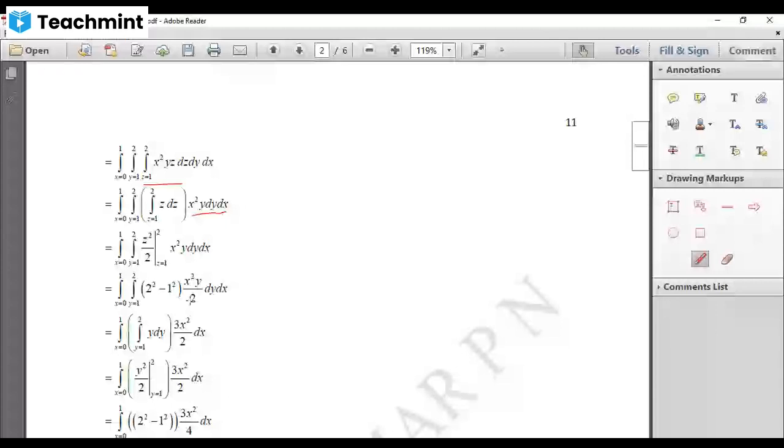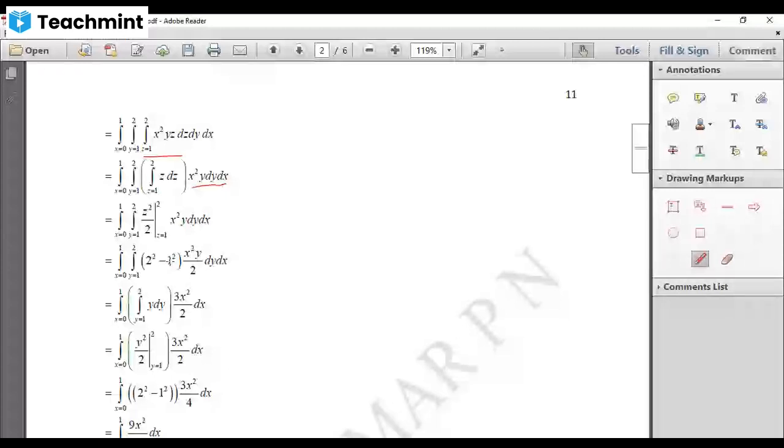So 3 by 2 is constant. Now we have integrated with respect to z and z has gone. Now we have to integrate with respect to the remaining variables. So here I have to integrate with respect to y. When I integrate with respect to y, x is constant.